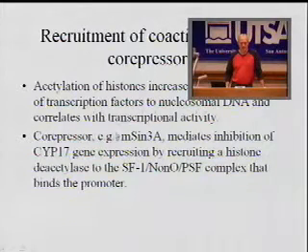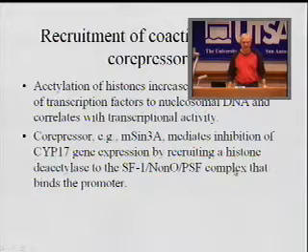Co-repressors, on the other hand, for example, this MSin3A, mediates the inhibition of the CYP17 gene expression and recruits a histone deacetylase. So already, if you acetylate histones and you relax it, we can predict that if you deacetylate, you tighten it, and you bring about the repression.